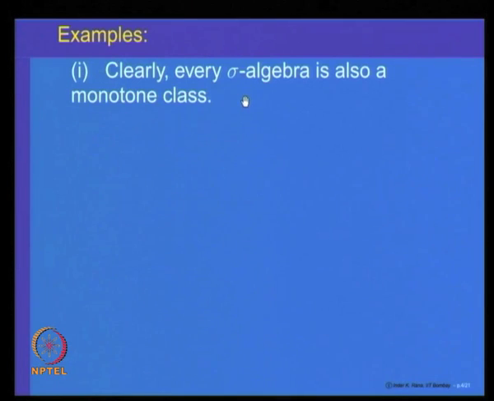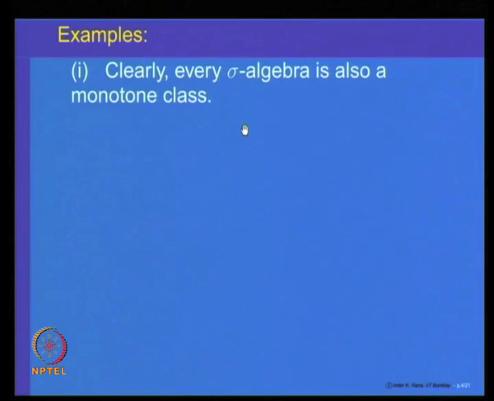And secondly, if a sequence A n is decreasing in a sigma algebra, then look at the complements of that sequence. That sequence of complements will be an increasing sequence of sets, and because it is a sigma algebra, it is also closed under complements. So, A n complements will belong to it. So, the union of A n complements belongs to it, and that means the intersection of the A n's belongs to it.